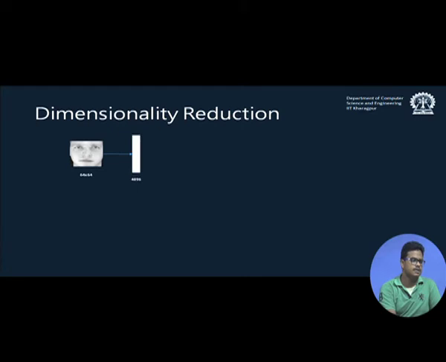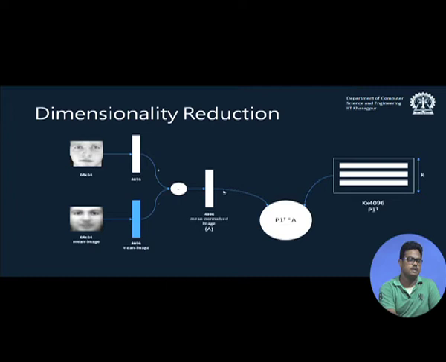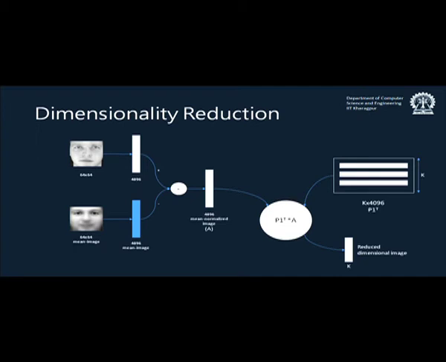We use the mean image as we calculated before, and we subtract the mean image and we calculate the mean normalized image. Now the mean normalized image is transformed with P1 transpose. We multiply P1 transpose into A, the mean normalized image, and what we have is a k dimensional vector which represents the image in the reduced dimensional space spanned by the top k eigenvectors.